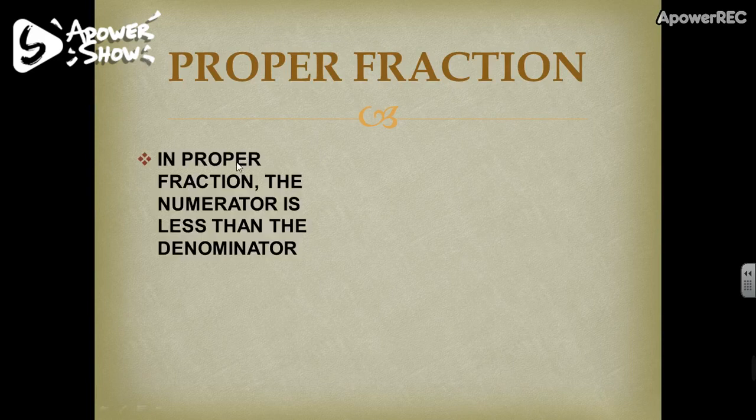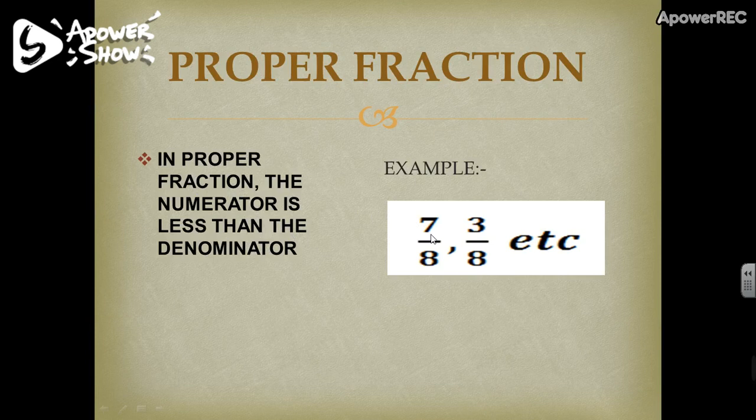Proper fractions are those fractions in which the numerator is less than the denominator. For example, 7 by 8 and 3 by 8. These two are known as proper fractions. Why?